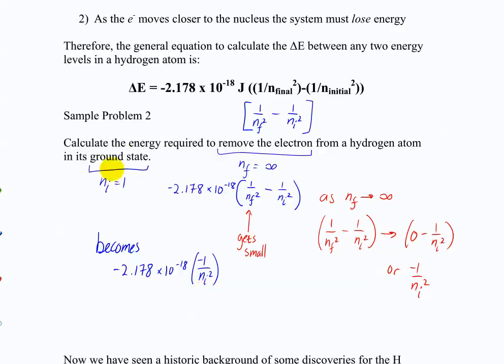Ni is 1 because we're starting in the ground state. So it's just going to be 2.178 times 10 to the negative 18th joules. So that's how much energy is required to remove an electron from a hydrogen atom in its ground state.